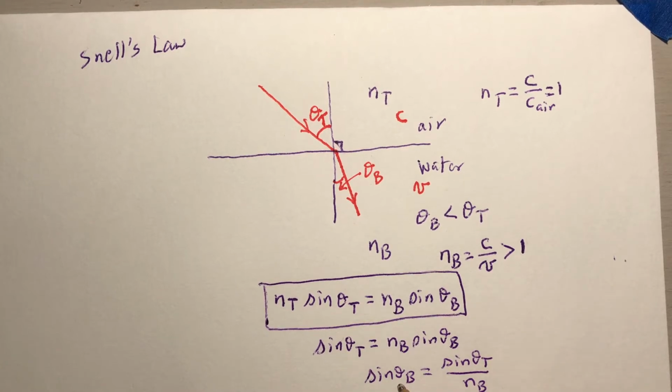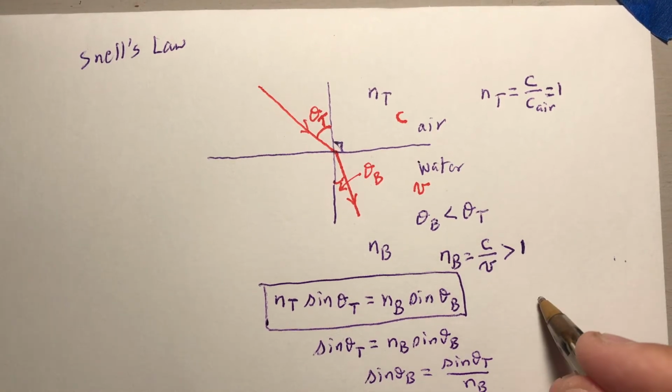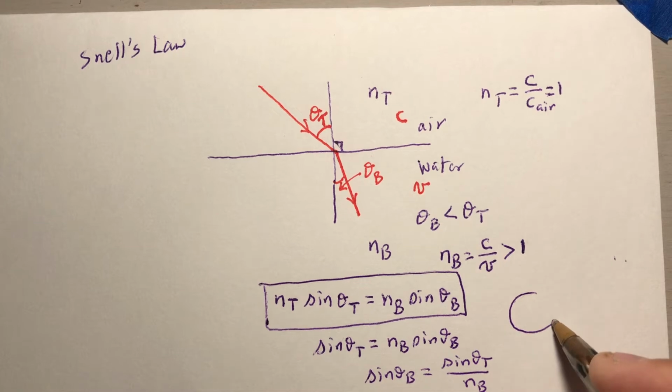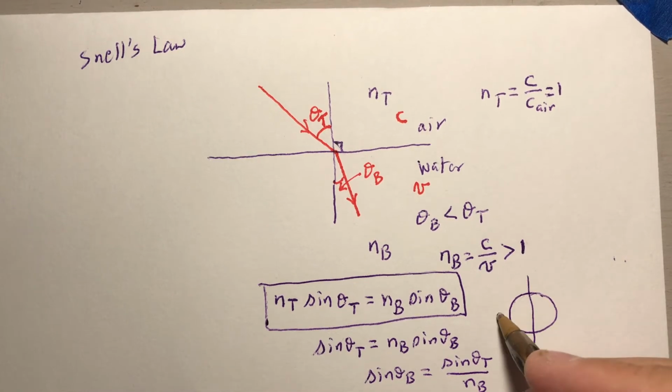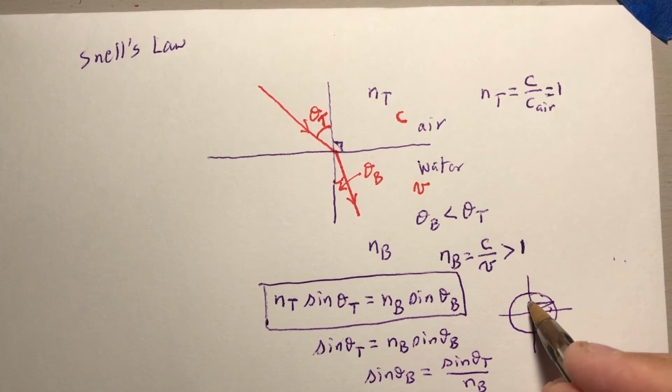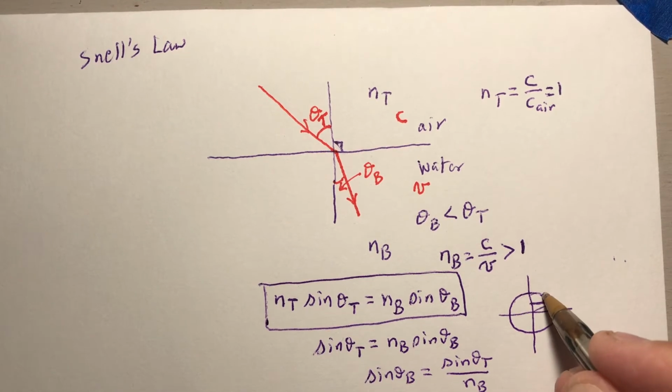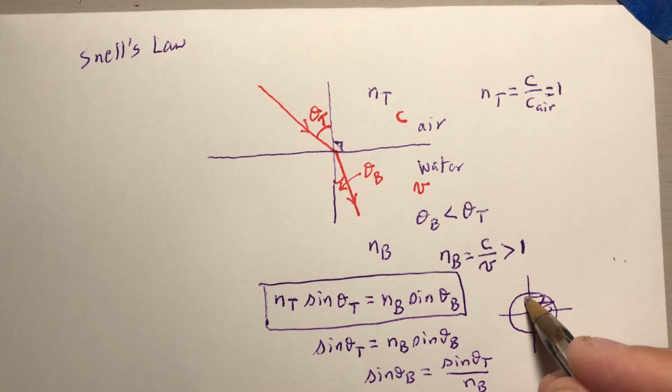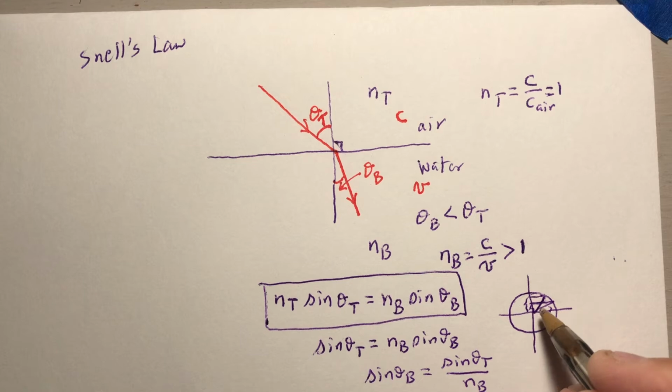So you can see that this sine is less than that sine. Now if we draw the triangle, the trigonometric circle, here is an angle theta, for example. Here is its sine. Look at the sine of this small angle here. So if theta is small, its sine is going to be small.